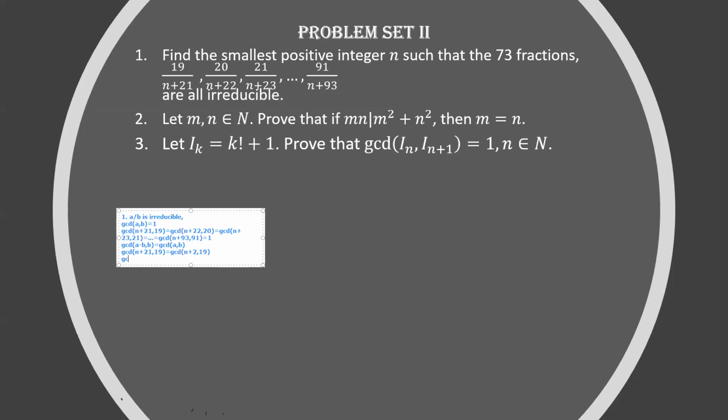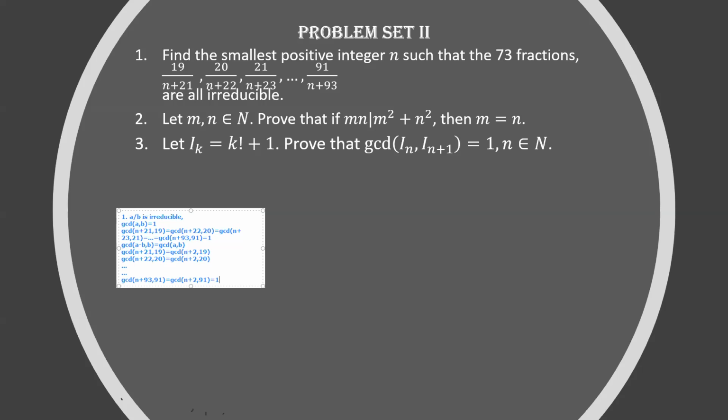Then again GCD of n plus 22 and 20 is nothing but GCD of n plus 2 and 20. Similarly, when we go on, GCD of n plus 93 and 91 must be equal to GCD of n plus 2 and 91, correct. This must be equal to 1.